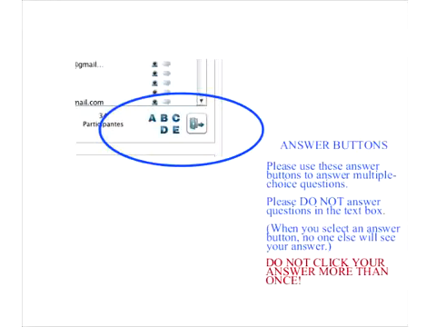Here are the answer buttons. Remember how this works. You should see, as of right now, A, B, C, D, E answer buttons to the left. Smiley face if you see those. Okay, so you guys are seeing those, yeah.